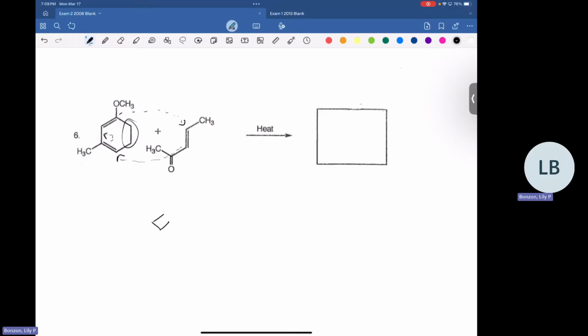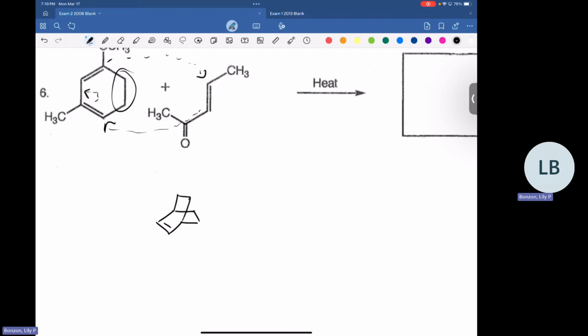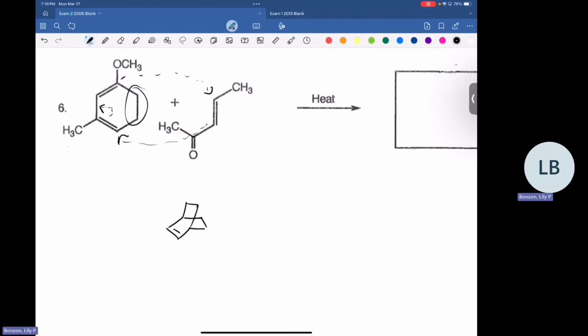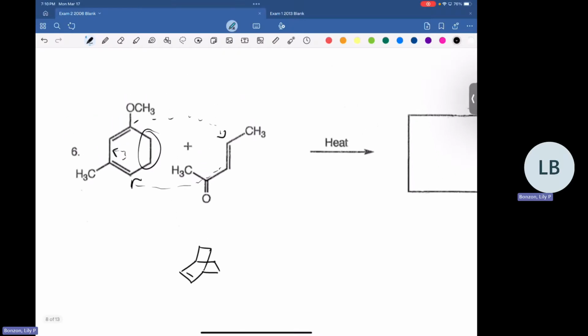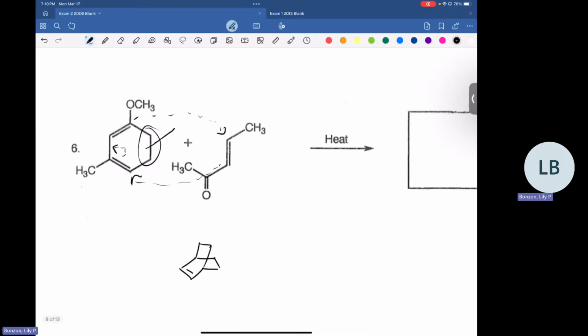So again, I've got this bridged compound because this part of the left molecule is still there. We have our new attachment to the dienophile. We have our double bond on the left. All right, so then for wedges and dashes, remember that anything in here is going to go in the wedge.